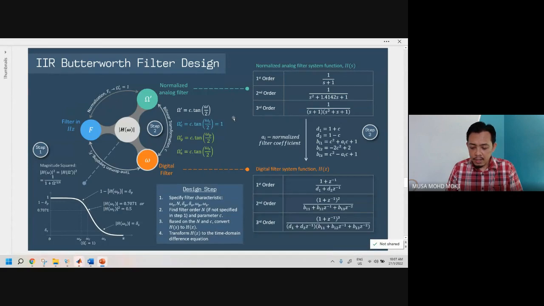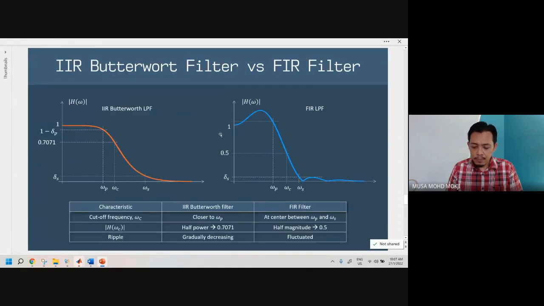If we look at this, it is a comparison between FIR and IIR. When we are designing filters, we first try to find a filter spec, the specification of the filter, and that specification is normally in the frequency domain.